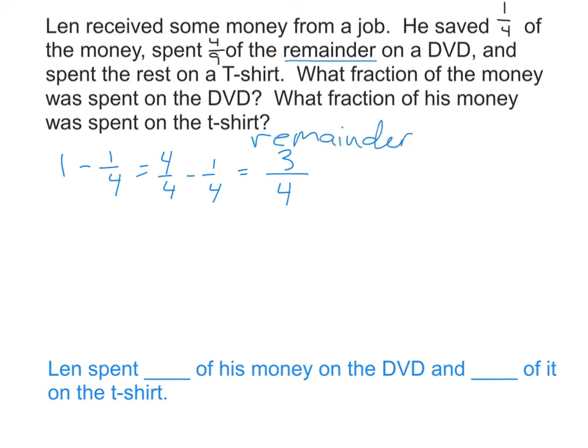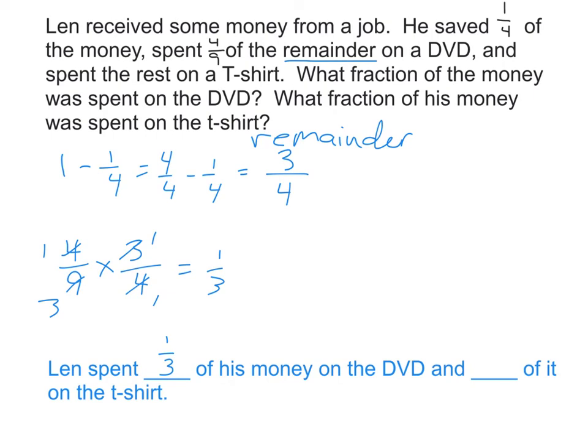And then he spent 4/9 of 3/4 on the DVD. So if I multiply those out, I can reduce. And that would be 1/3. So 1/3 of his money on the DVD. And then the rest on the t-shirt.